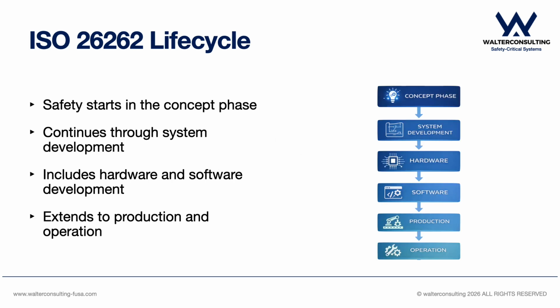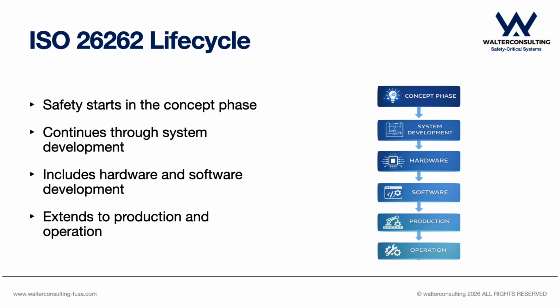So how does ISO 26262 actually organize safety work? The standard follows what is called a safety lifecycle. Instead of looking at safety as a single activity, ISO 26262 treats safety as something that must be addressed throughout the entire development process. It starts in the concept phase, where engineers identify hazards and define safety goals.